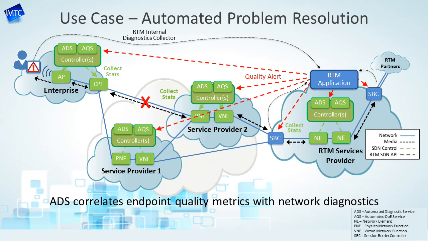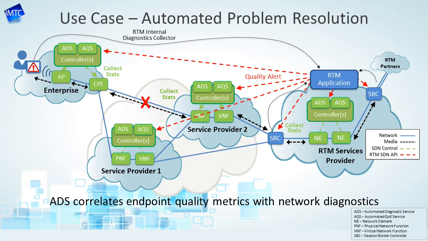This allows it to create alerts and thresholds and notify the relevant SDN domains that the call is traversing, and allows them to collect relevant stats and correlate the endpoint quality metrics with network diagnostics, helping pinpoint where the potential problem might be. Even more powerfully, it can allow us to automate some problem resolution.